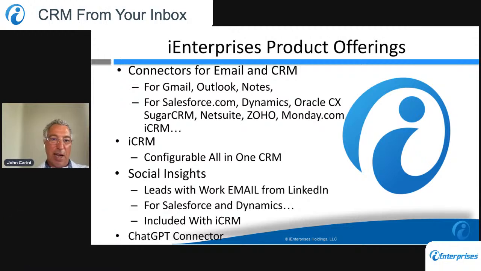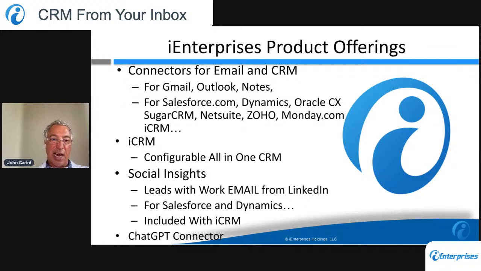Great. Okay. So just to go over our product offerings real quick, I promise I'll get to the live demo really quickly. This is the product overview. So we have these connectors for email, CRM, and ChatGPT, actually. And that's what I'll be demoing for the most part here today.